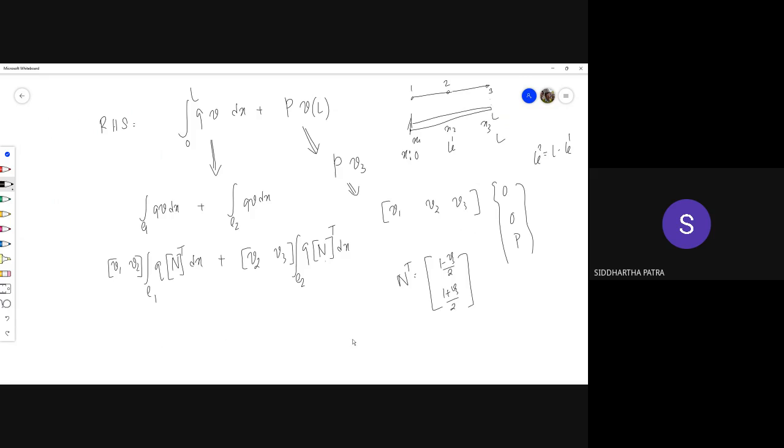And let's say Q is a linear function in x. Let's say it is c1 x.